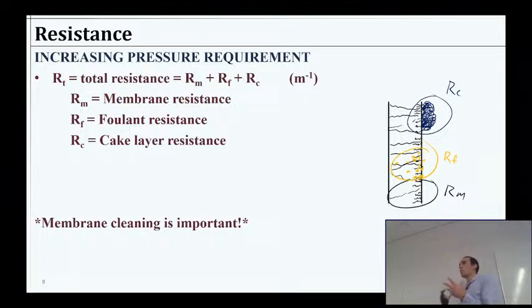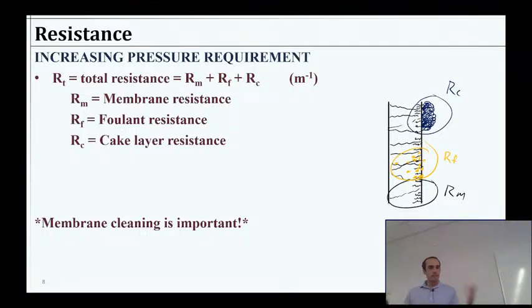Okay, so we have different sources, different portions, different types of accumulation of particles contributing to fouling, and all of these would be total resistance. Okay, and we'll put that in per meter terms and put that into any equation we have for flux.